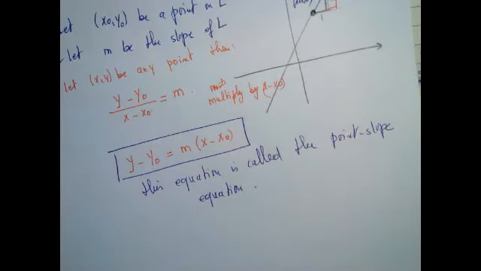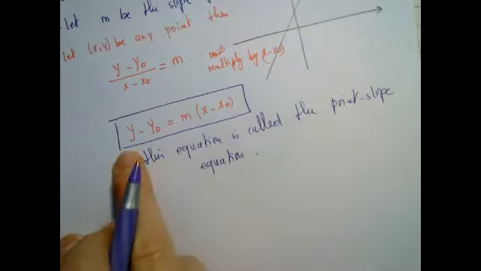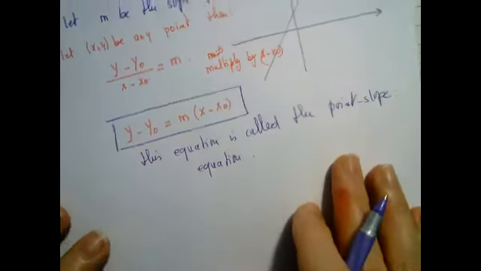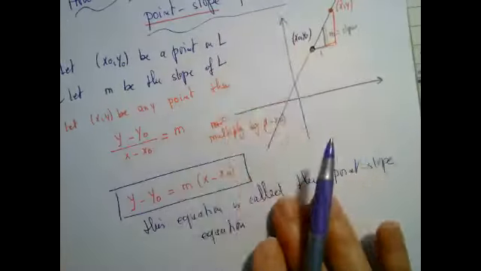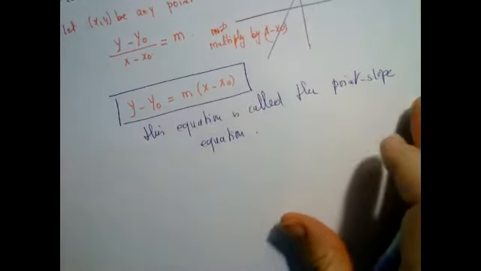All right. Now let us use this equation. I'm going to use it to find the equation of the line. One way to find the equation of the line is to use this form. So let's see how we're going to use it.